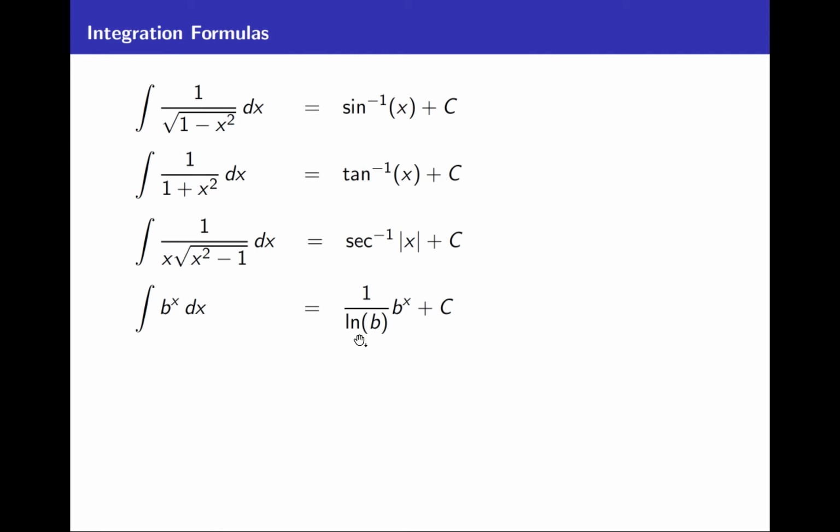And the ln b's cancel and we just get b to the power of x. So differentiating this answer gives you your b to the power of x. So this formula is correct. So for instance, the integral of 2 to the power of x dx would be 1 over ln 2 times 2 to the power of x plus c.